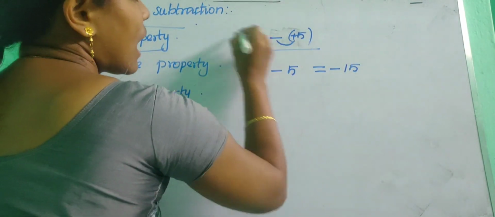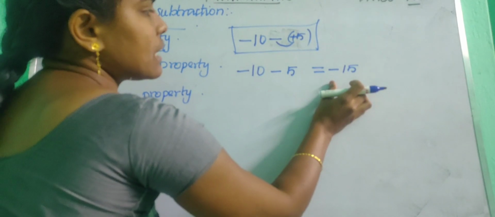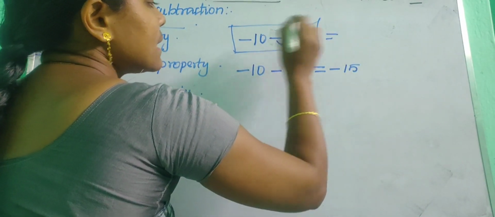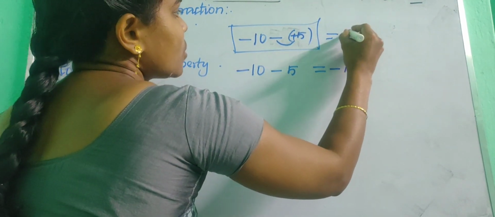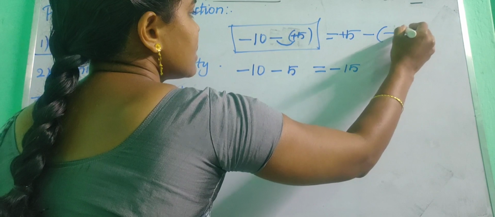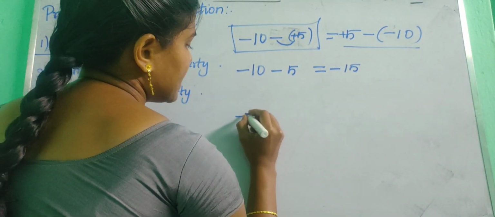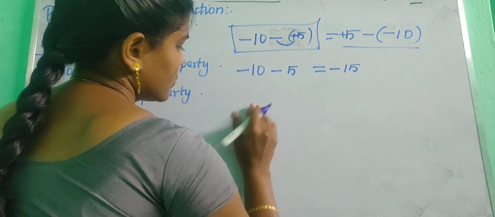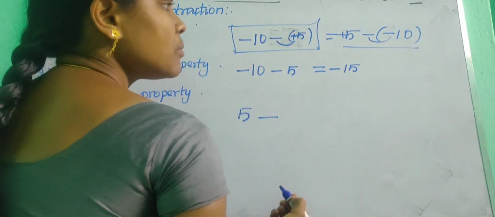Okay children, so if we are having an integer like this we will get the answer as minus 15. If you are testing commutative property, we need to change the order, right? So plus 5 minus of minus 10. Okay, let us do this. So plus 5, minus into minus plus, right?